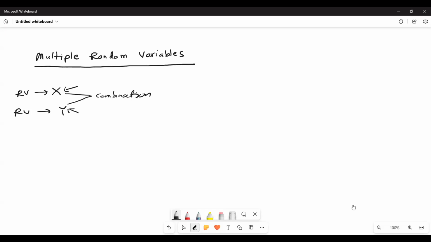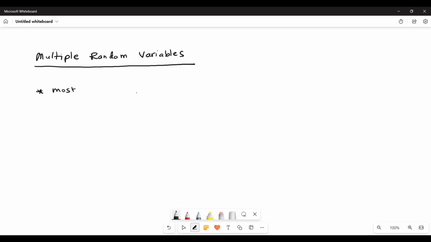Before starting that part, I want to mention the importance of discussing multiple random variables. In the real world, multiple random variables are important, and what is the reason for that? Most real world random signals cannot be modeled by a single random variable.